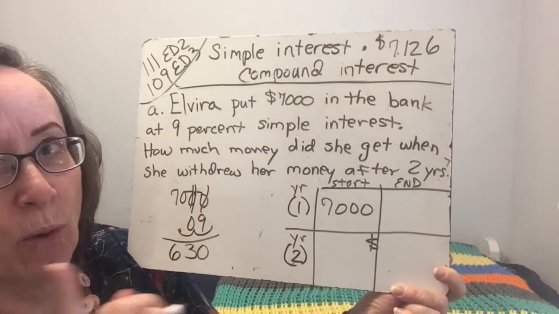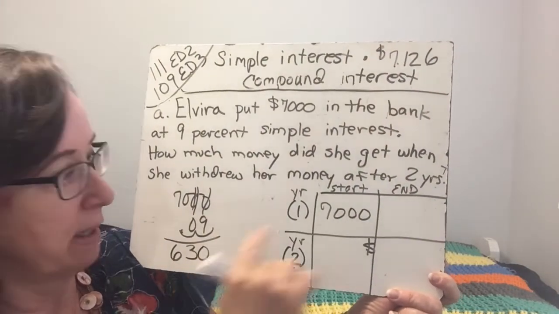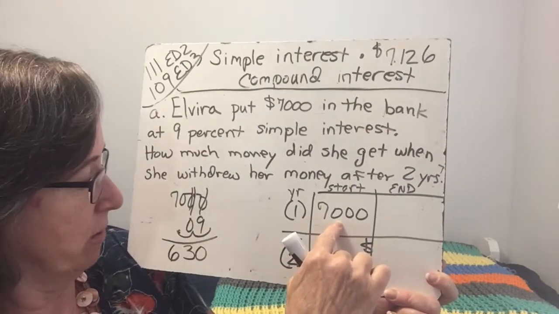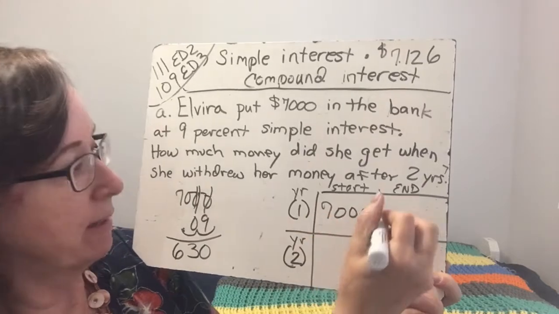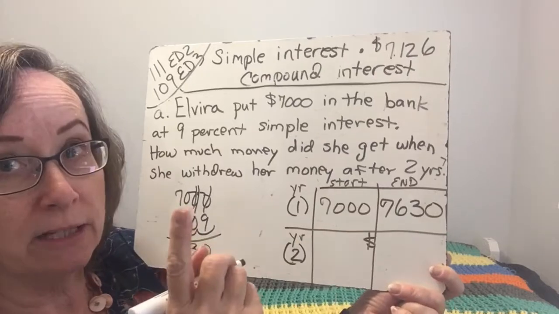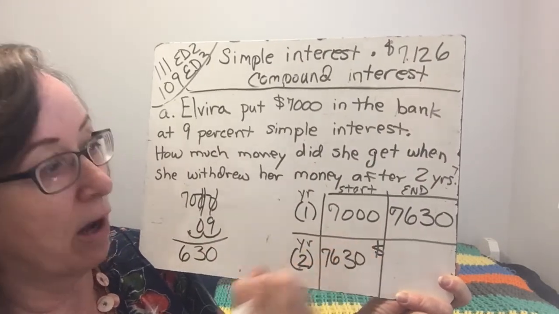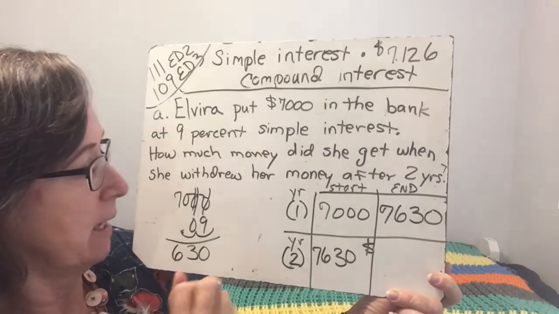So at the end of 1 year, she makes $630 to add to her 7,000. So now she has 7,630, which is what she will start the second year off with as her principal.